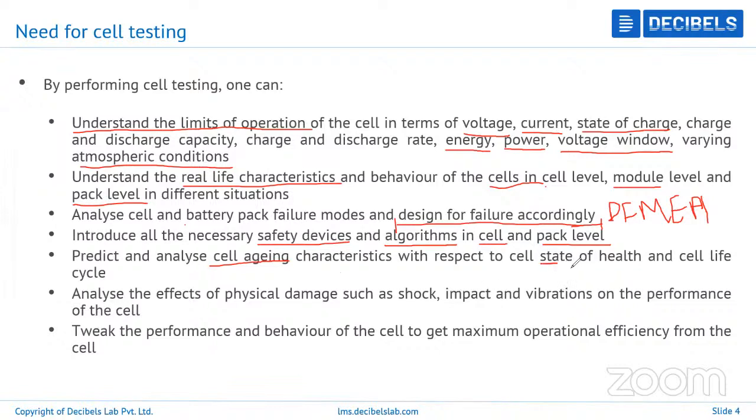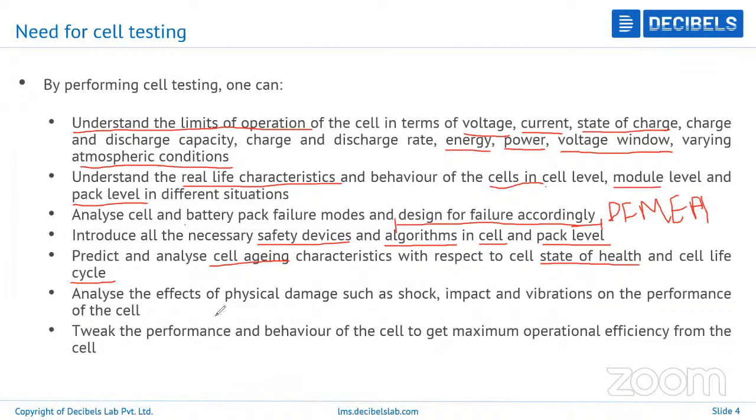And we can derive important parameters such as state of health and life cycle performance. Okay, so with all of this, we'll also be able to understand at what point the battery pack will completely stop working, or at what point the battery pack requires replacement. Yeah, so all of this can be understood using cell testing as well. So we can get the cell aging.